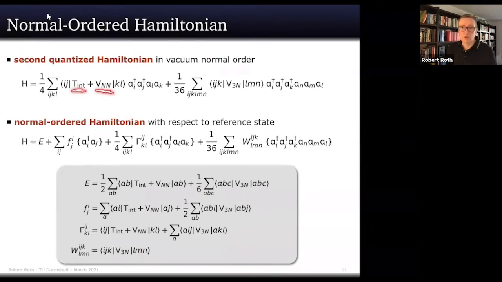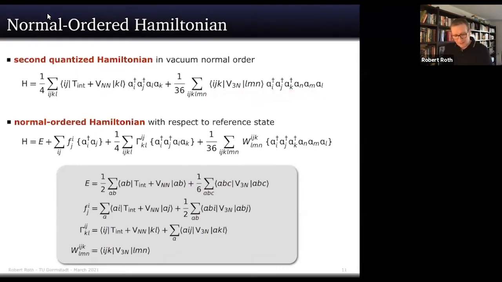Those terms are two-body operators, so they come with two creation and two annihilation operators, and they are in vacuum normal order, if you like. So the creation operators are on the left, annihilation operators on the right. And then you also have a three-body term. That's the matrix element of the three-body interaction, and this chain of three creation and three annihilation operators. Again, the creation operators are on the left. Everything is fine if you refer to vacuum as your reference state.